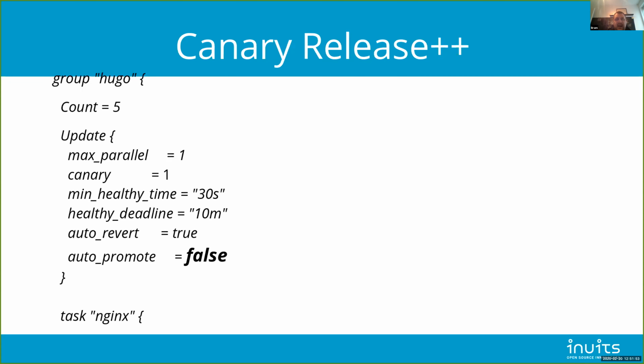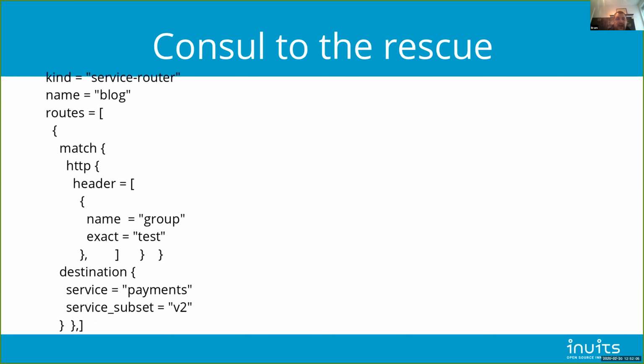So if we're not entirely sure, or have intrinsically tiny changes, we can set it back to false, and then we can use a new feature in Consul to tweak the traffic that is going to our new version.